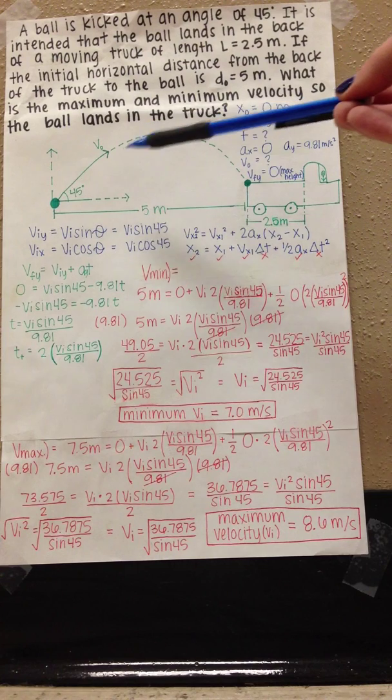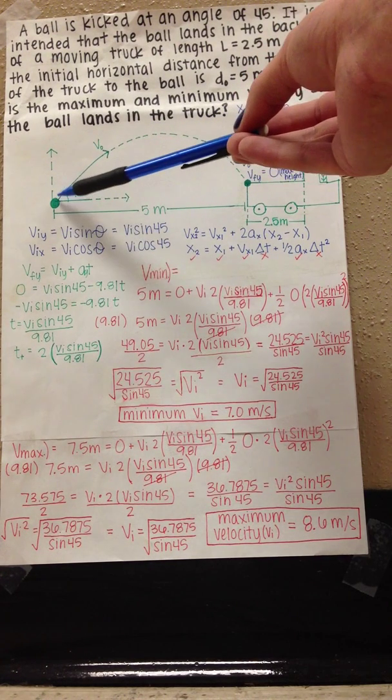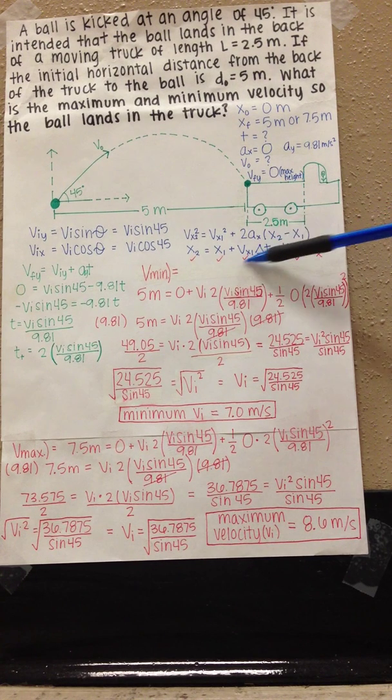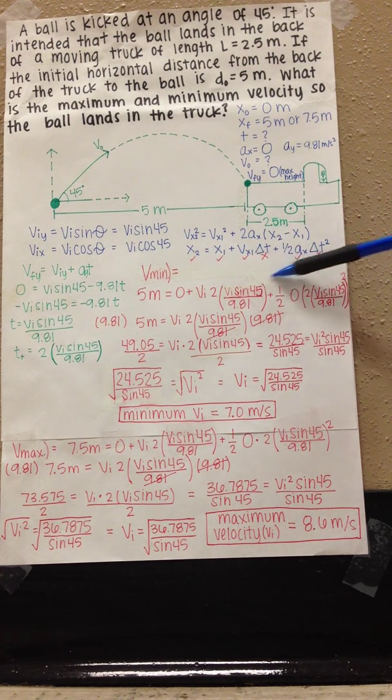Those are the components for this angle. And since we're solving for distance, we have to use one of these two formulas. We have to use this formula because we don't know the final velocity, and this formula includes the final distance, but we don't know the change in time, so we have to calculate the change in time first.